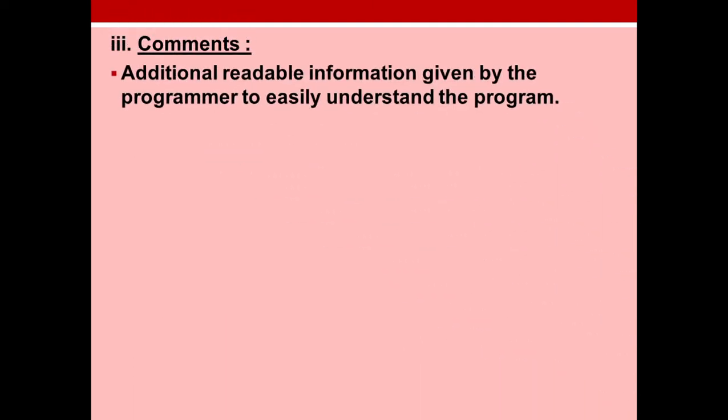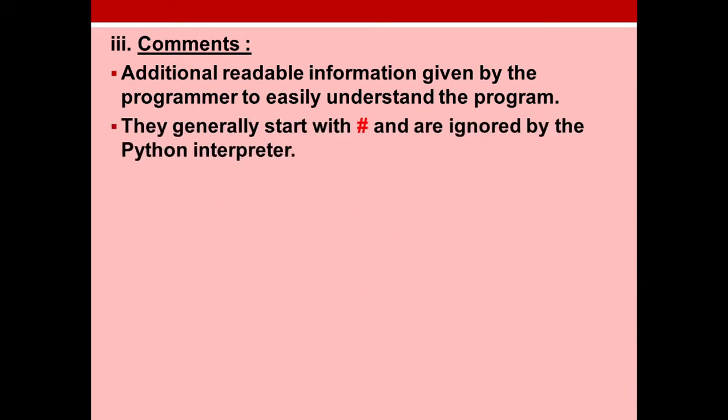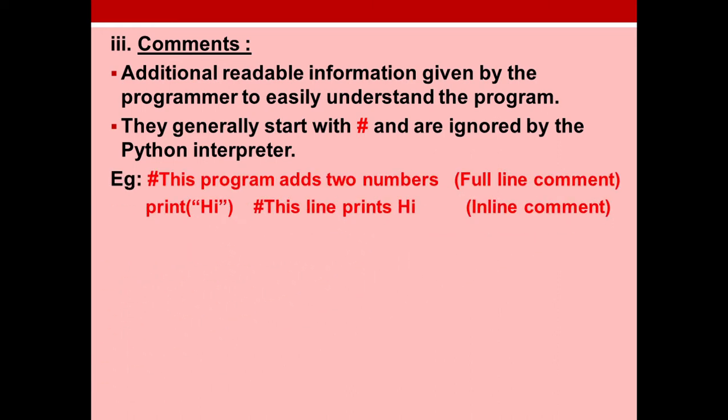What are comments? Comments are additional information given by the programmer for anybody to easily understand the program. Usually in Python, comments start with the symbol hash. Comments are ignored by the Python interpreter because the purpose of a comment is for the user to understand the program.